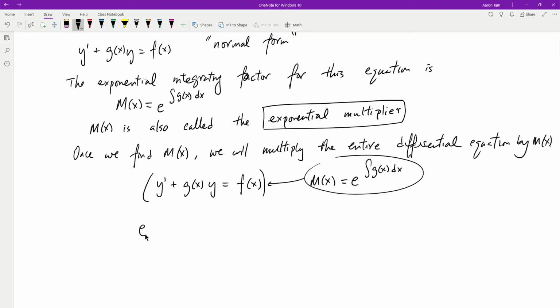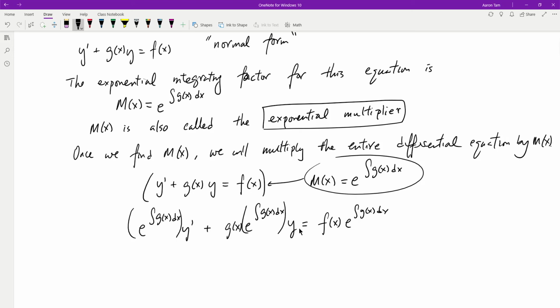I will have e to the integral of g of x dx multiplied by y prime plus g of x e to the integral of g of x dx y equal to f of x e to the integral of g of x dx. Maybe I put parentheses around here to make it look nicer. There you go. Now, yes, you're correct.